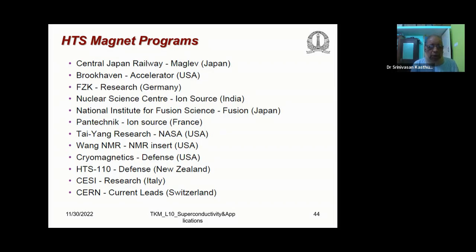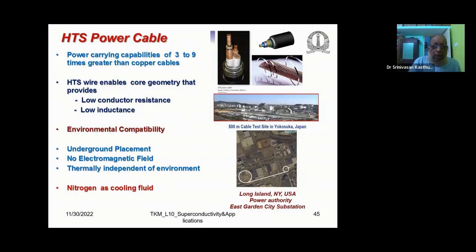Then the National Institute for Fusion Science in Japan, the Pantechnik ion source in France, Tai-Yang Research, NASA in the USA, Wang NMR insert in the USA, and Cryomagnetics. There are a couple of other things, including CERN current lead developments in Switzerland.